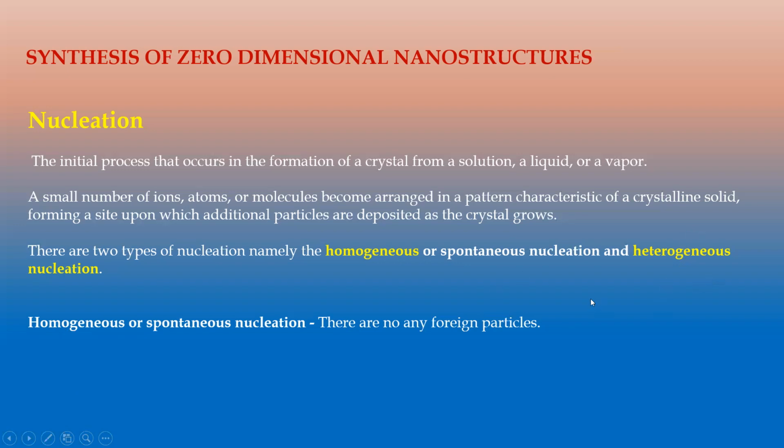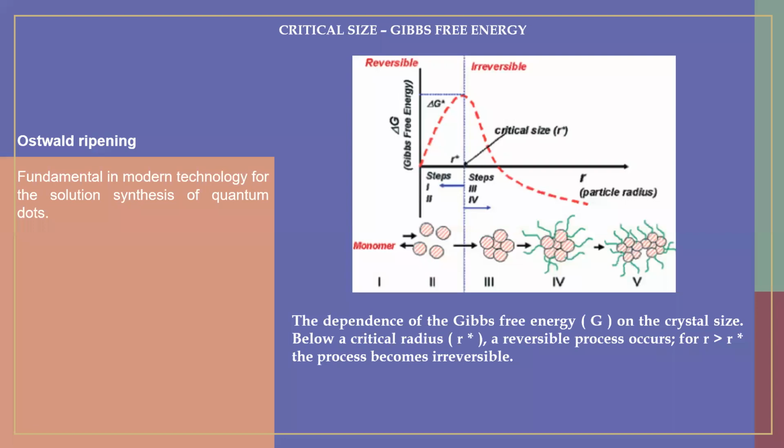But in heterogeneous nucleation, the nucleation speed is increased, or nucleation is started, with the help of an additional particle of foreign bodies that we add to our solution. That type of nucleation is called heterogeneous nucleation.